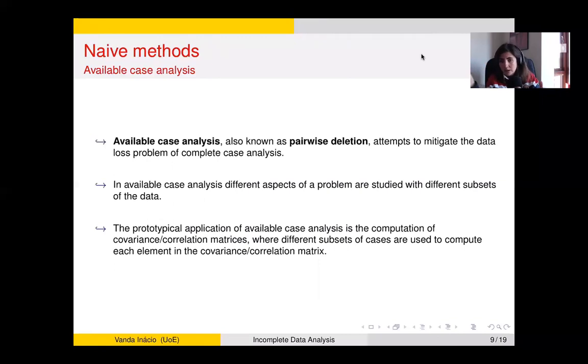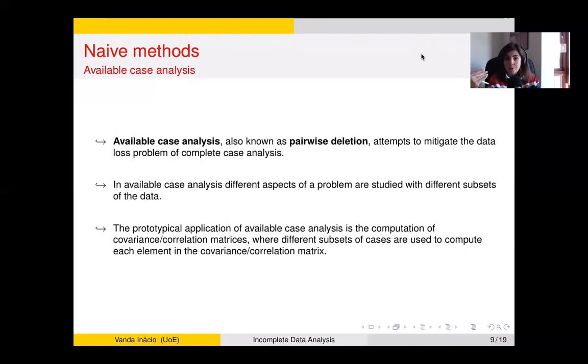Now let's move to the other approach that is also listed in the class of approaches that disregard individuals with missing observations. It is known as available case analysis or pairwise deletion, and it attempts to mitigate the data loss problem of complete case analysis.